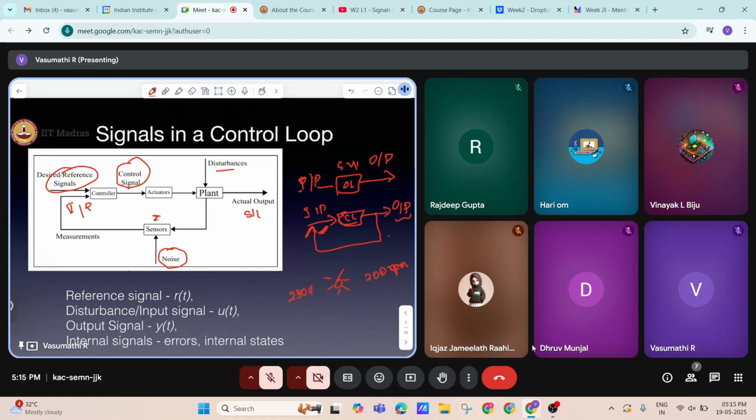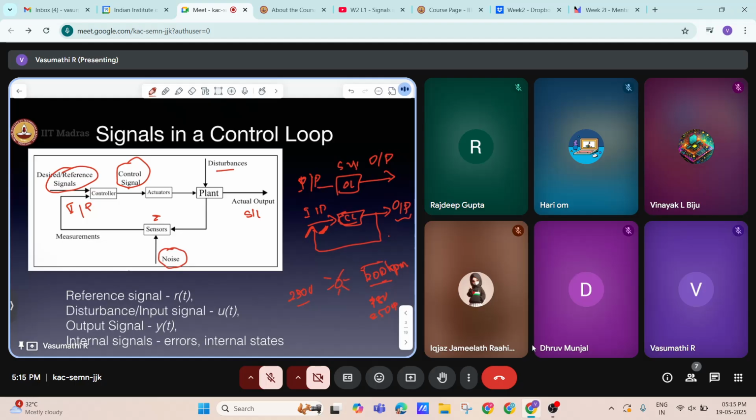I am giving 230 volts as an input and I am expecting my system to run at 200 rpm ideally, but in a real scenario this won't happen. It might run at 180 rpm or 250 rpm, but it never runs at exactly 200 rpm, as this is a physical system with physical properties. There will always be a decay, there will be a loss.